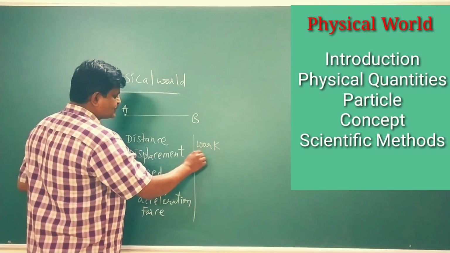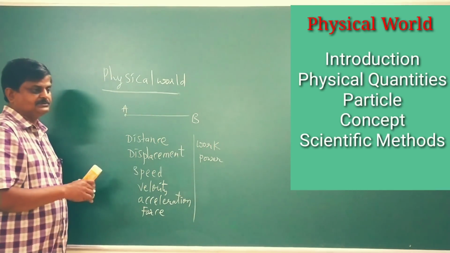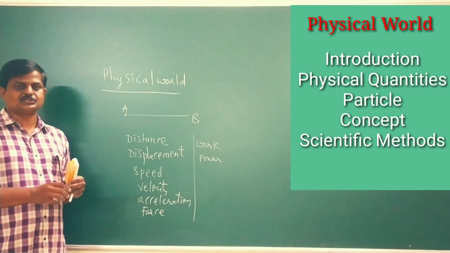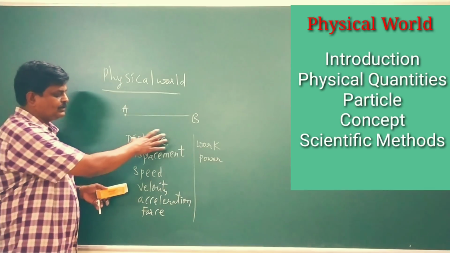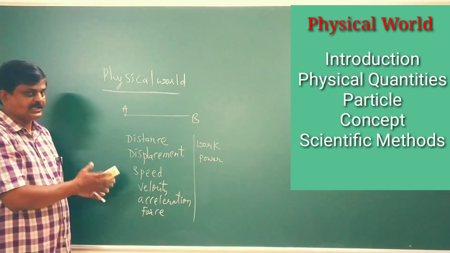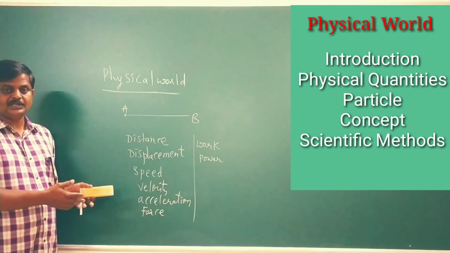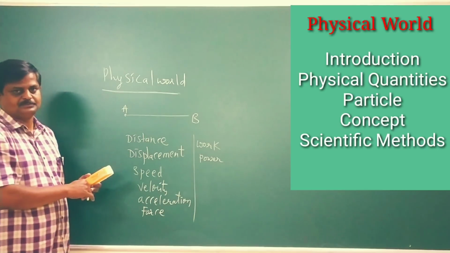Then the last one is power. So this is the sequence we follow in analyzing the motion of an object. So how do we analyze the motion of an object? By using all these concepts. Please remember, force is a concept, work is a concept. What for? Only to explain the event of motion.